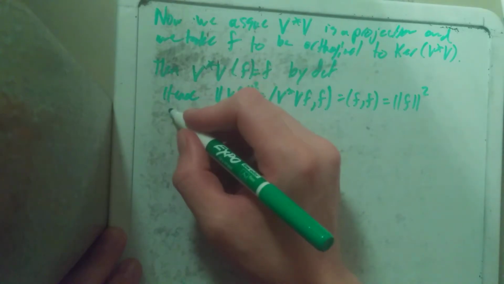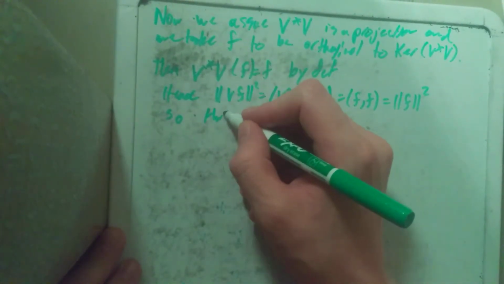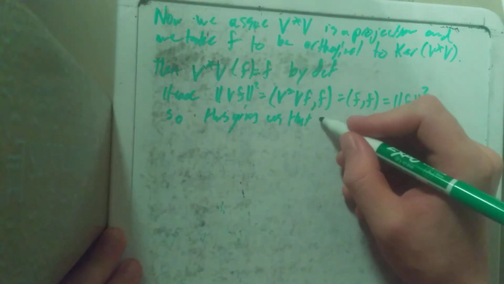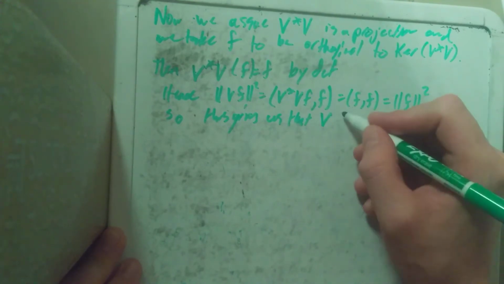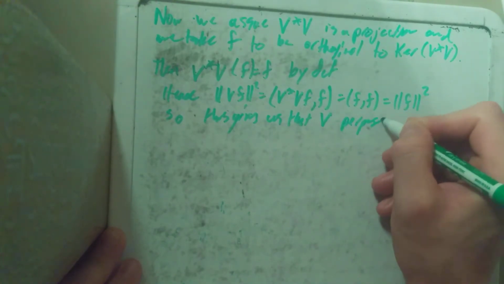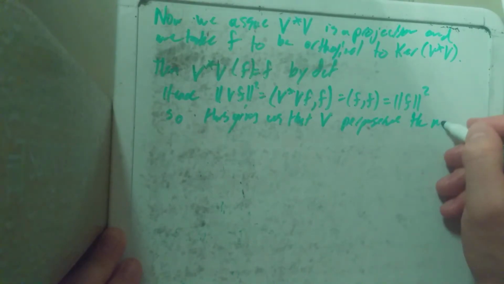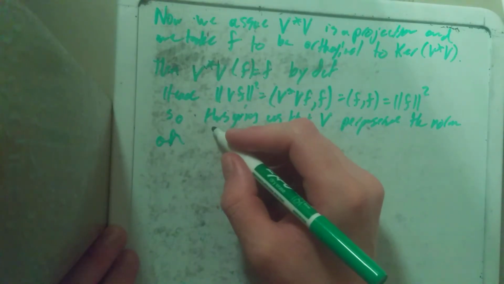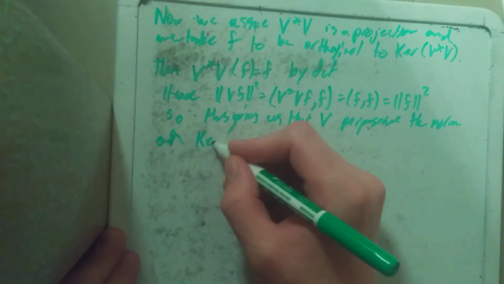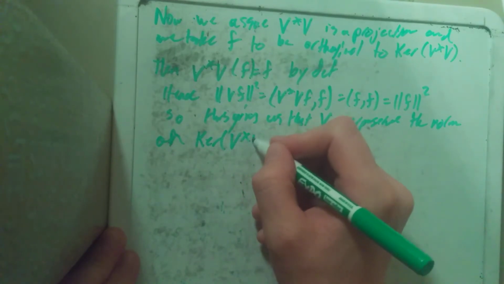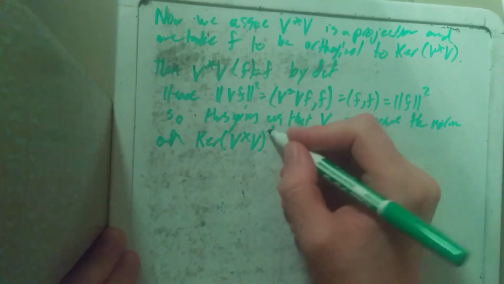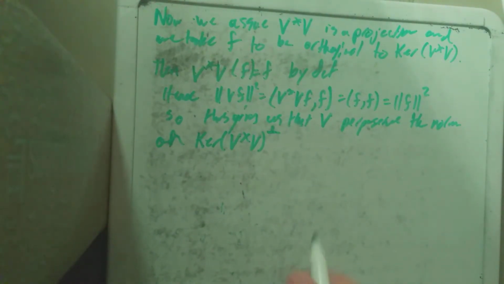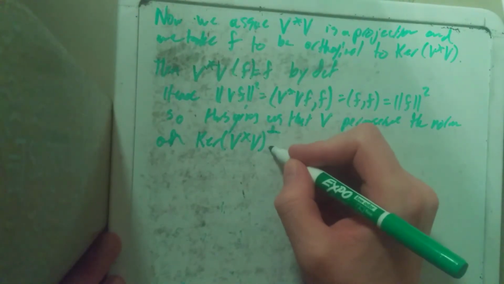So this gives us that V preserves the norm on the kernel of V star V. Sorry, not the kernel of V star V, the orthogonal complement of the kernel of V star V. Here.